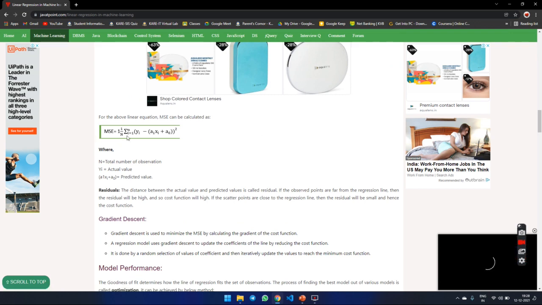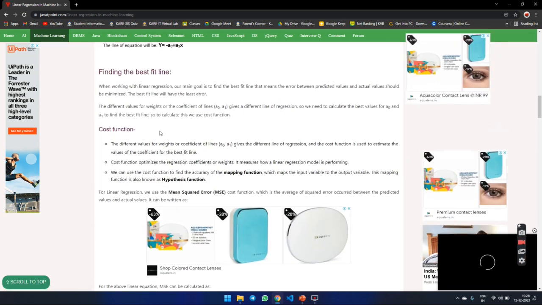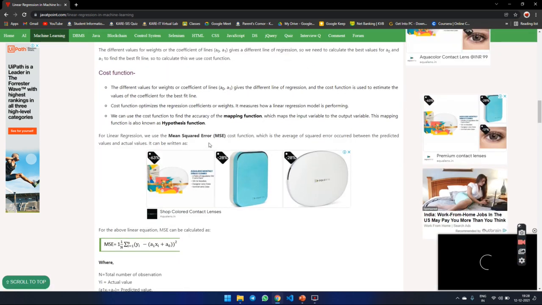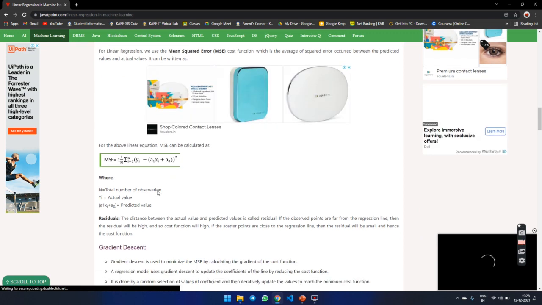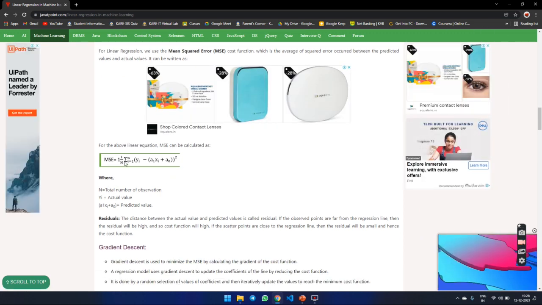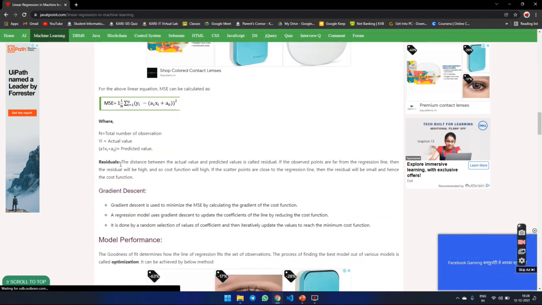This is the formula for mean squared error, MSE. Here N is the total number of observations, y_i is the actual value, and (a1 x_i + a0) is the predicted value.